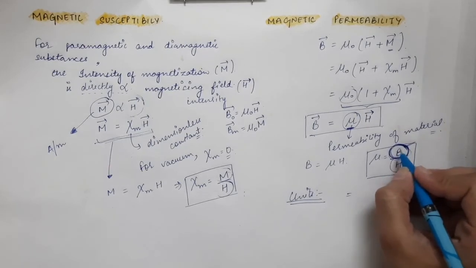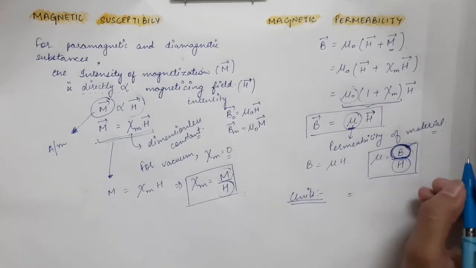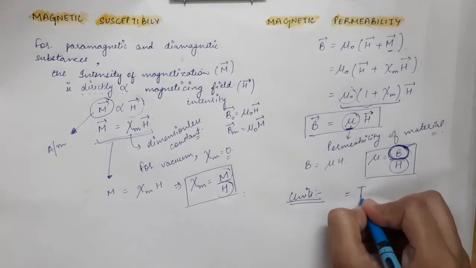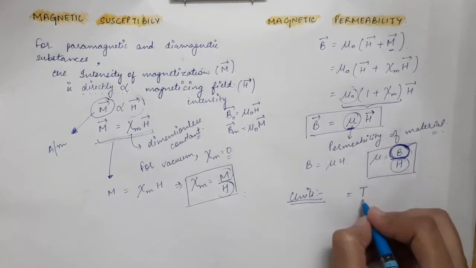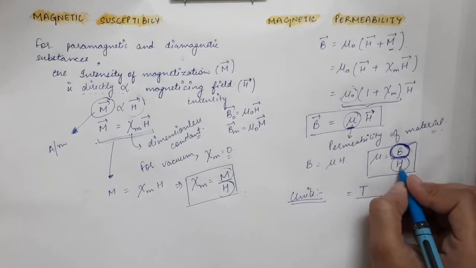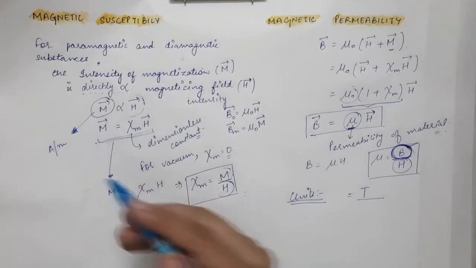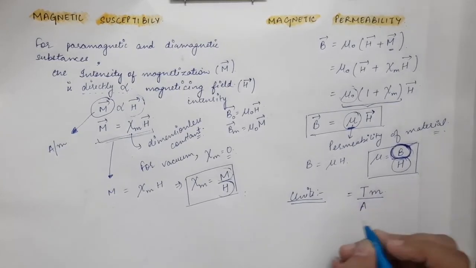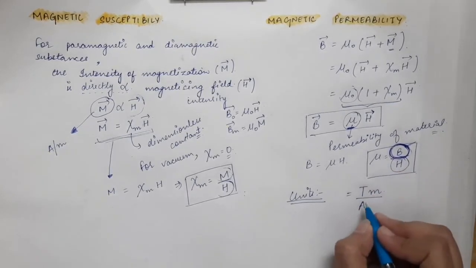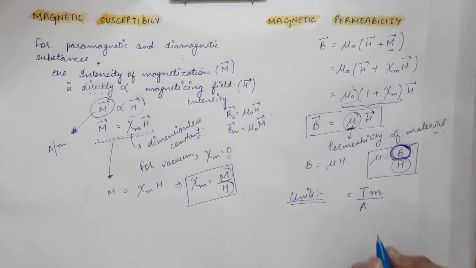The unit of magnetic field is Tesla, divided by the units of H, which are amperes per meter. So you will have the units of magnetic permeability as Tesla meters per ampere.